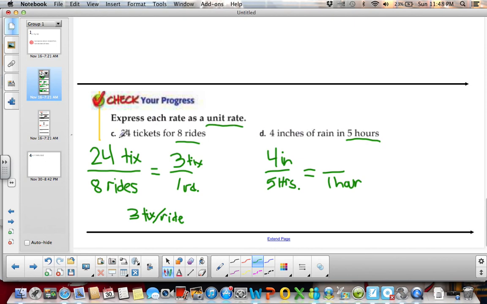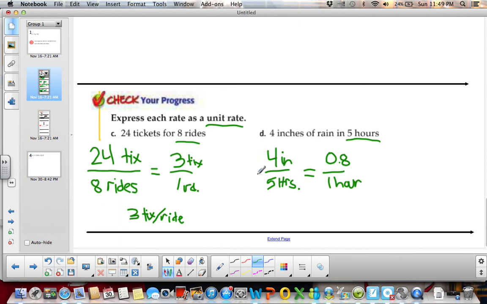Just like 24 tickets for 8 rides. So for 8 rides is 24 tickets. That means that we want to figure out how many for 1 ride. So 5 divided by 5 is 1. 4 divided by 5 is 0.8. Another way that you can do this, which I'm sure you've noticed by now, is you're really just taking the numerator and dividing it by the denominator.